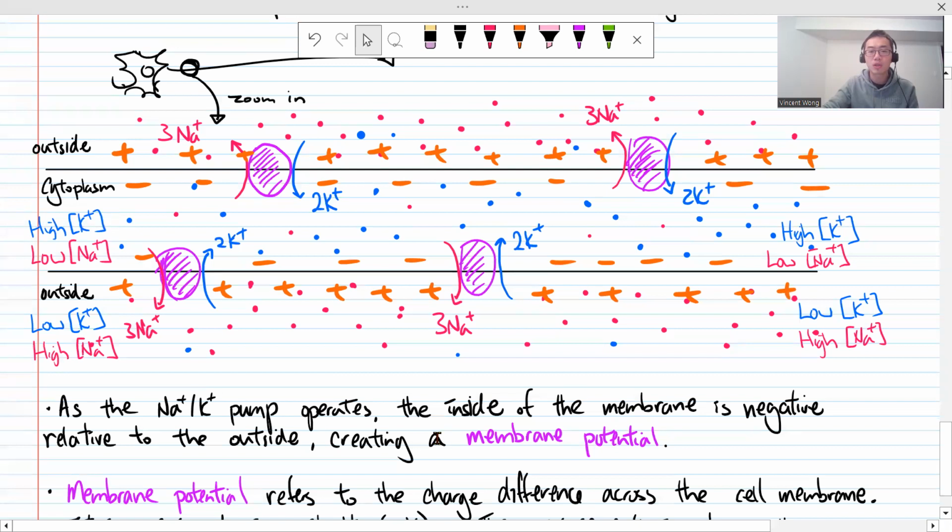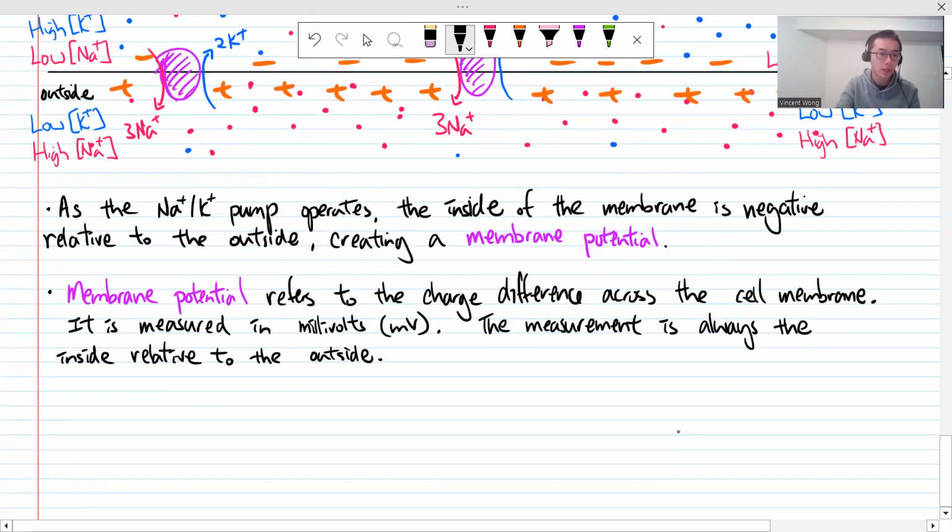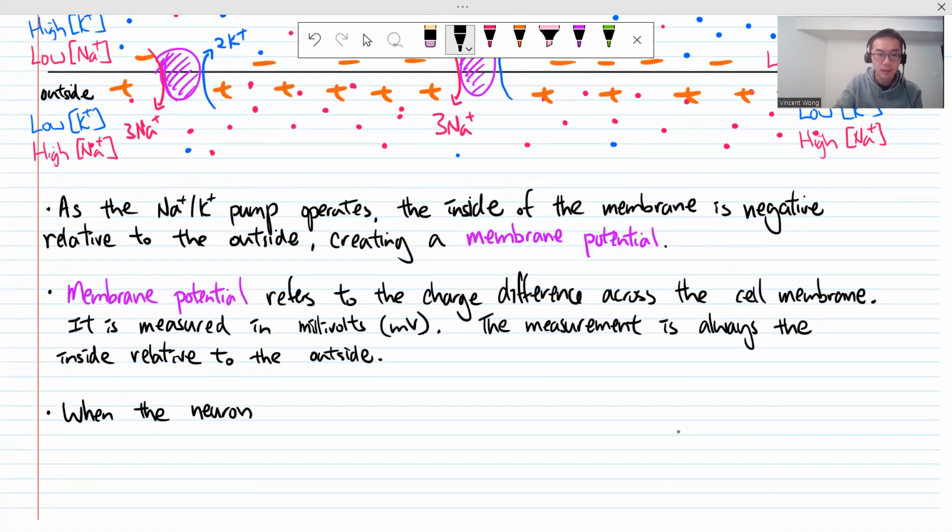Does anybody have any question about what membrane potential means? Okay. When the neuron is at rest, at rest means that it is not conducting a signal.